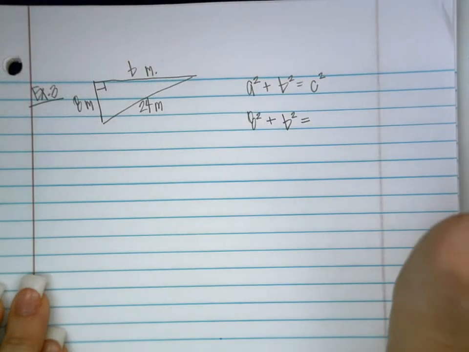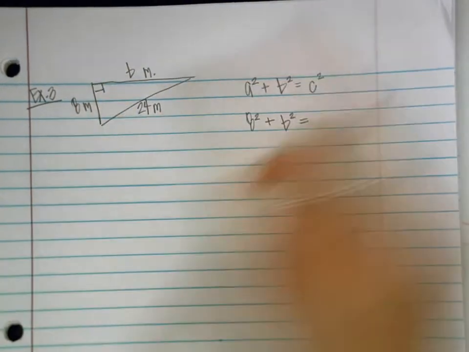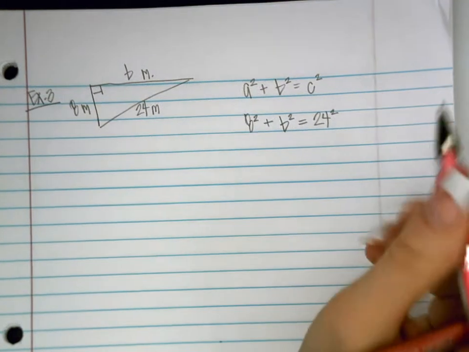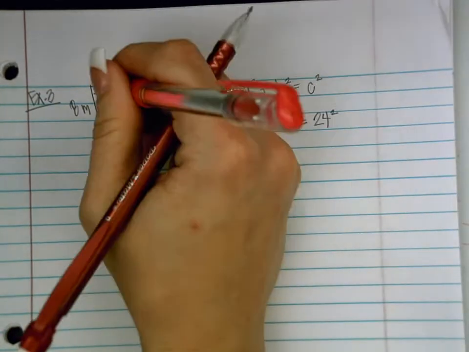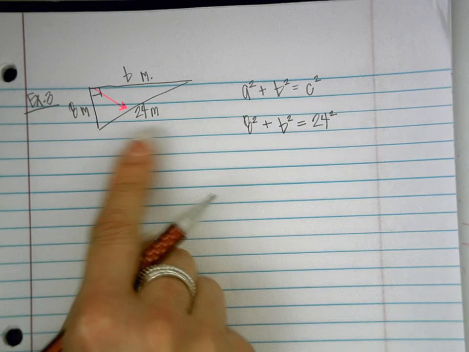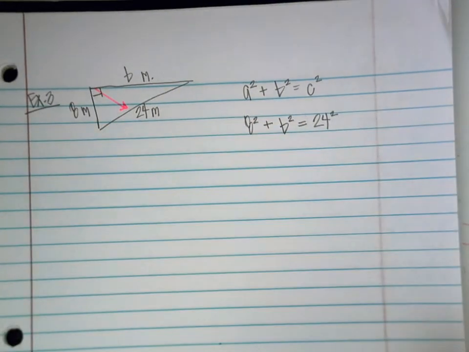Equals, what's the c? C is 24. Listen, the C measurement is always the one that's across from the right angle. So this is where you have to make sure you plug things into the right place.